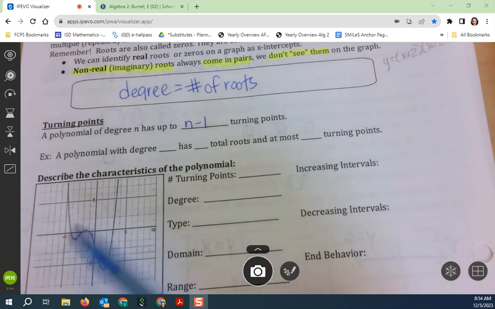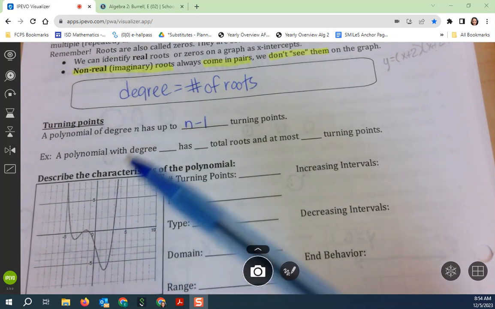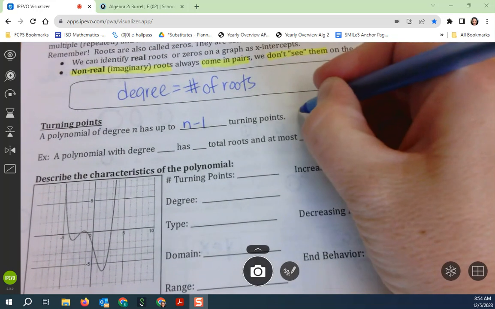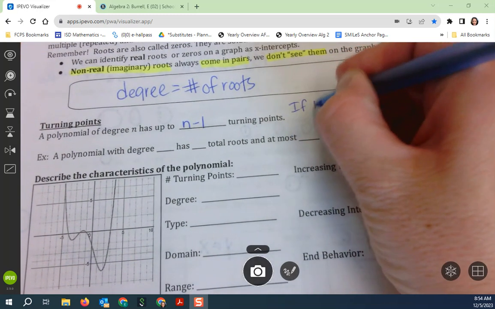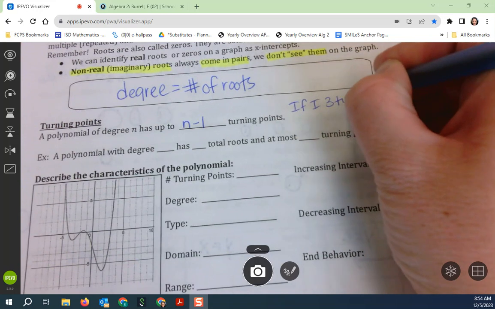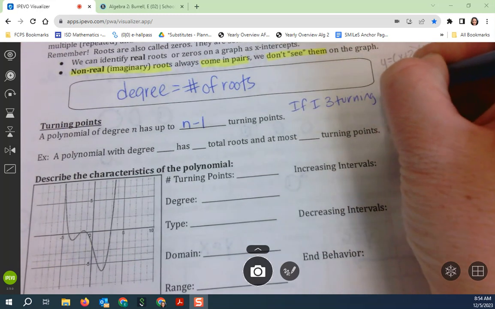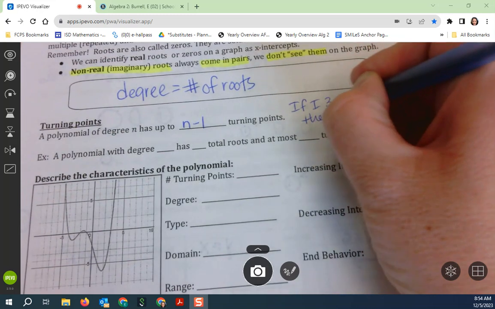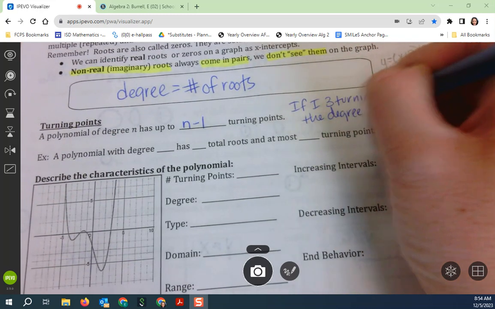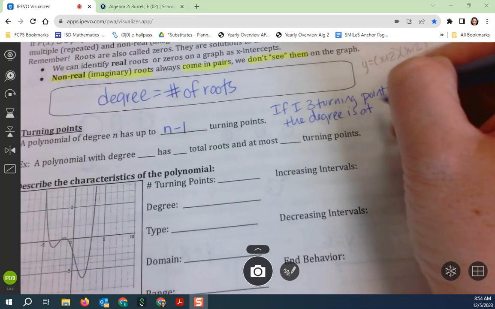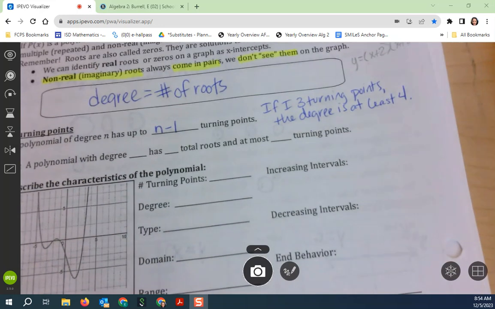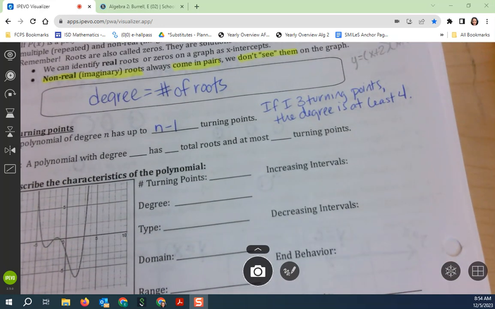So if I have 3 turning points, I know that the degree is at least 4, but it actually could also be higher. So I'm going to write that note here. If I have 3 turning points, the degree is at least 4. Now, when we ask you a test question on this, we're not going to try to be tricky about it.